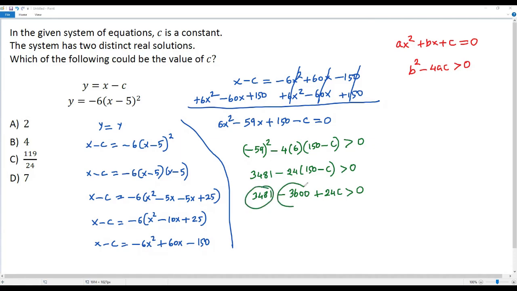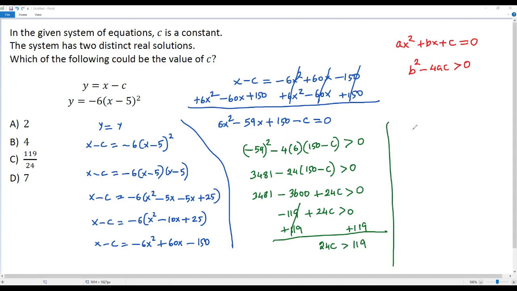Okay, when I combine these, I am getting negative 119 plus 24c greater than 0. Okay, now let me add 119 to both sides of this inequality. Then the negative value and positive value will cancel out. I am getting 24c greater than 119.